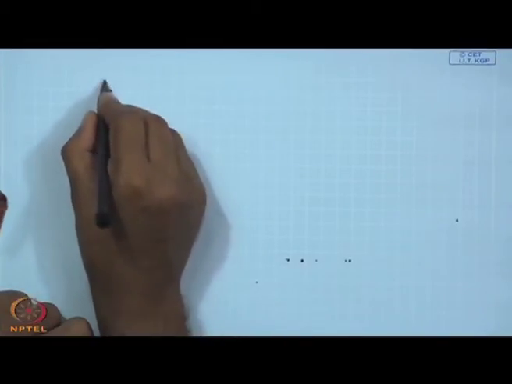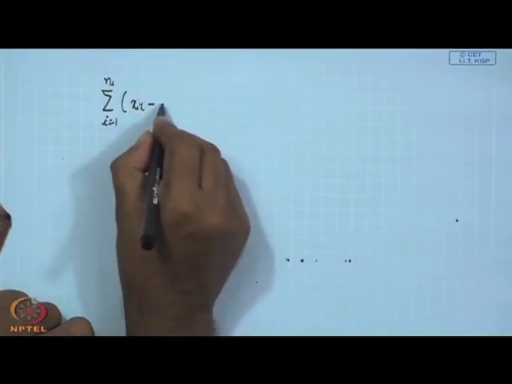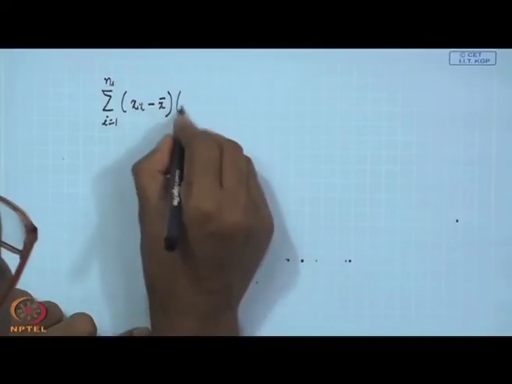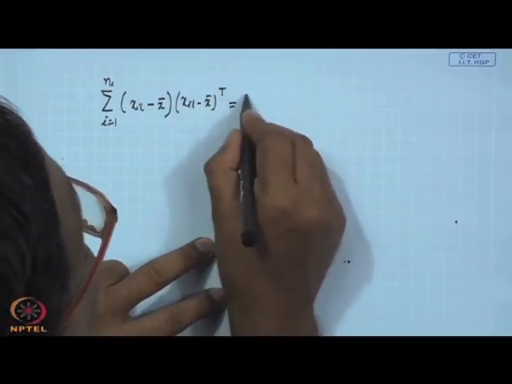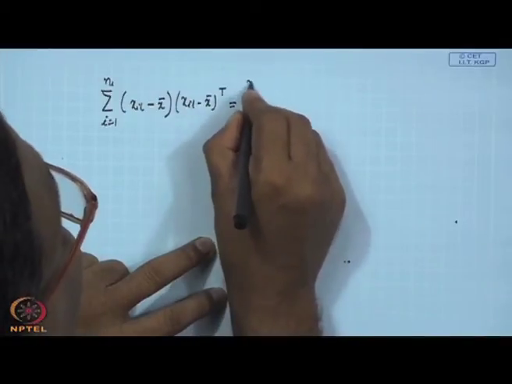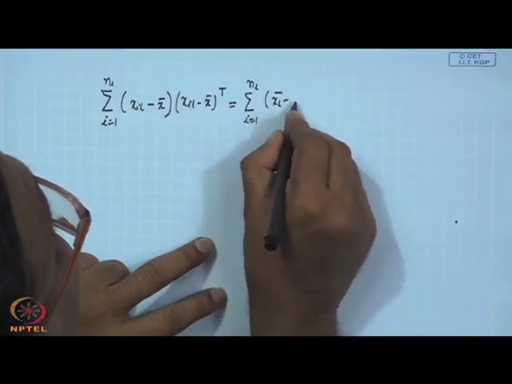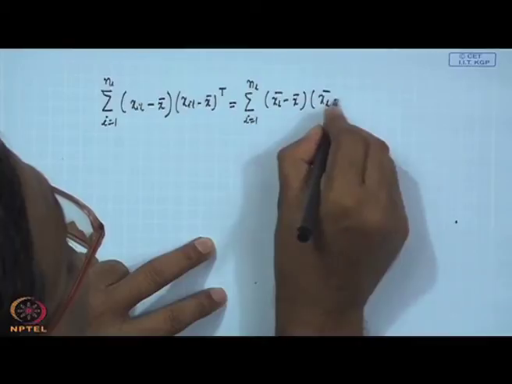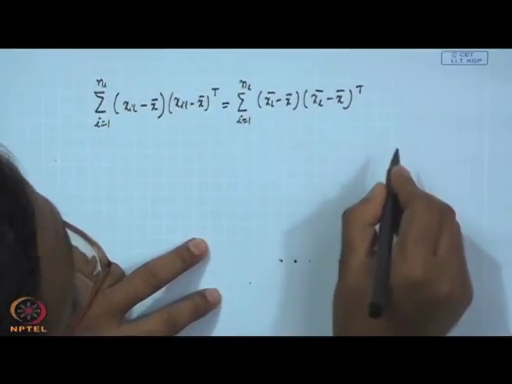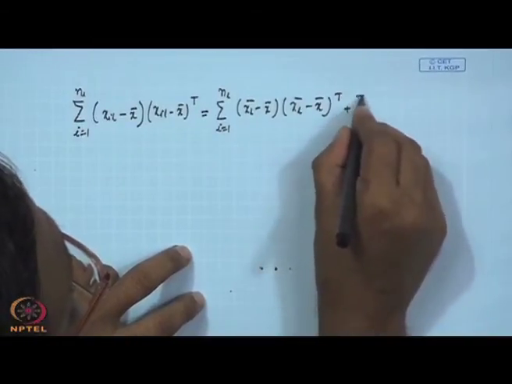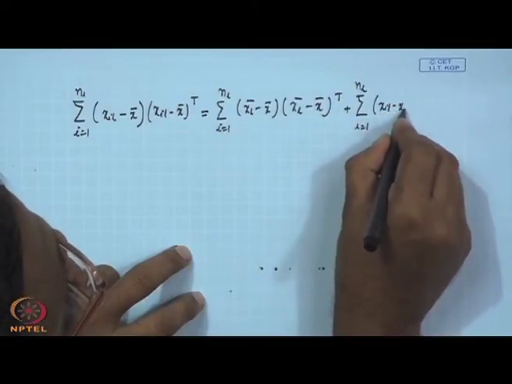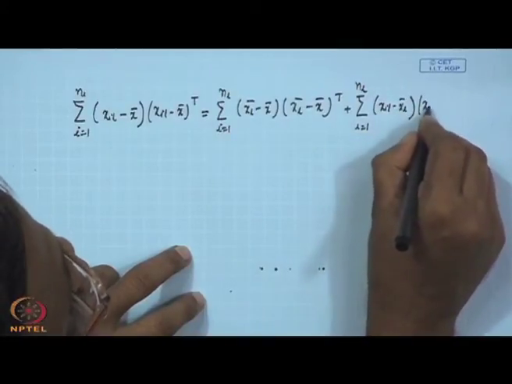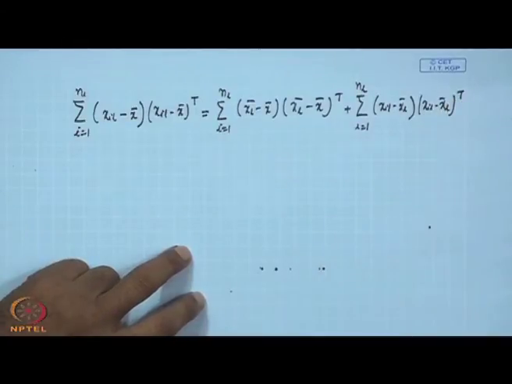Then the resultant equation will be: sum over i equal to 1 to n_l of (x_il minus x bar)(x_il minus x bar) transpose equal to the sum over i equal to 1 to n_l of (x_l bar minus x bar)(x_l bar minus x bar) transpose plus the sum total over i equal to 1 to n_l of (x_il minus x_l bar)(x_il minus x_l bar) transpose, correct.